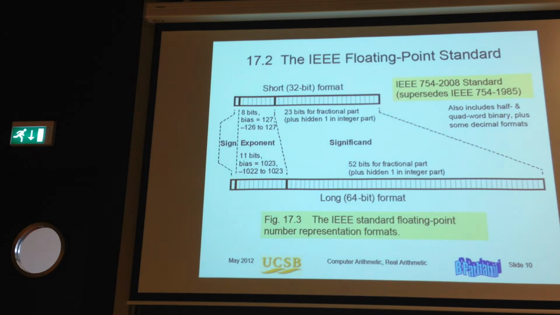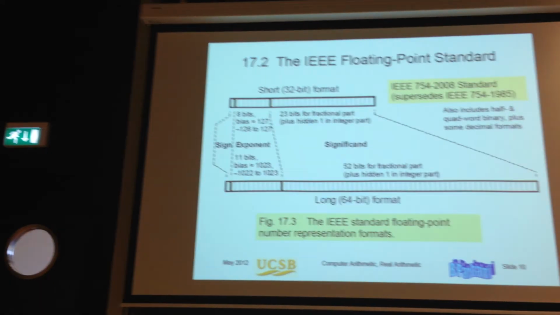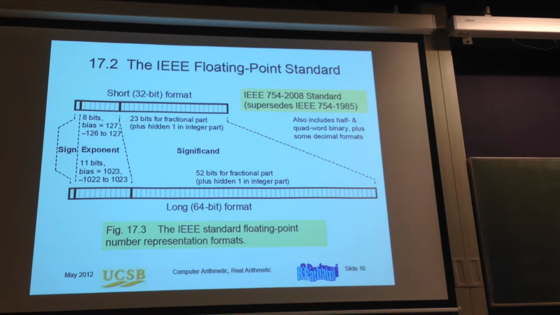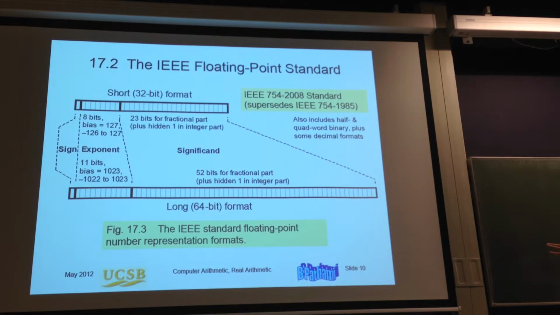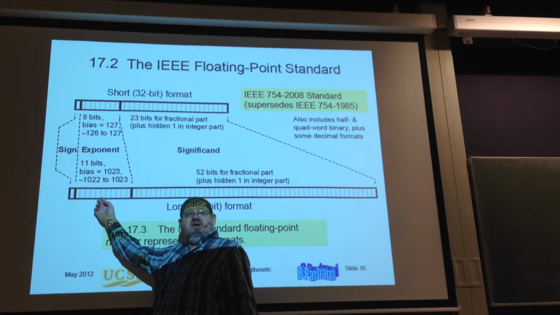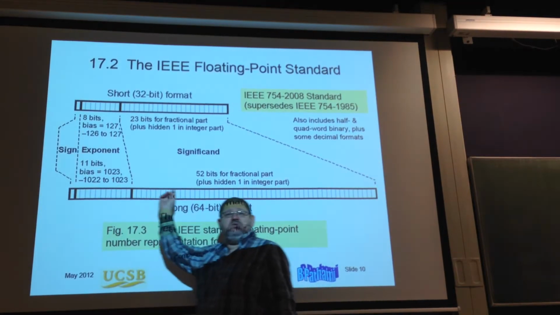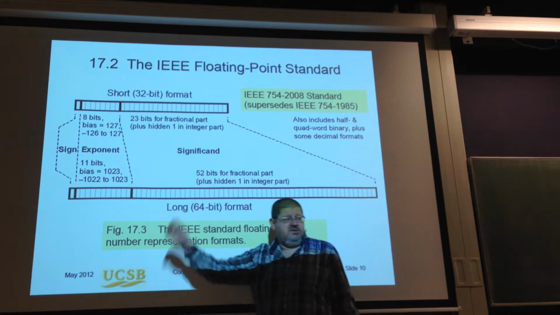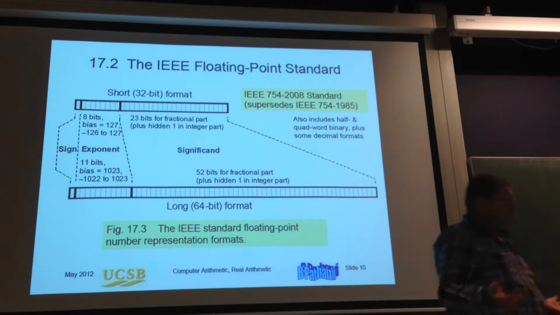Okay, that's the story about standards, and these are the two basic standards, which is short and long. And that's the way the big budget is split. Then I have 32 bits or 64 bits, and you see, depending on the format, I have more bits for the exponent, which means I have larger dynamic range, and I also have more bits for the significand, which will give me better accuracy.